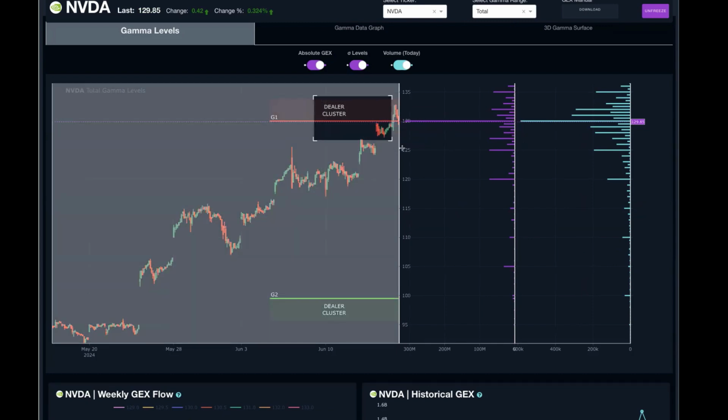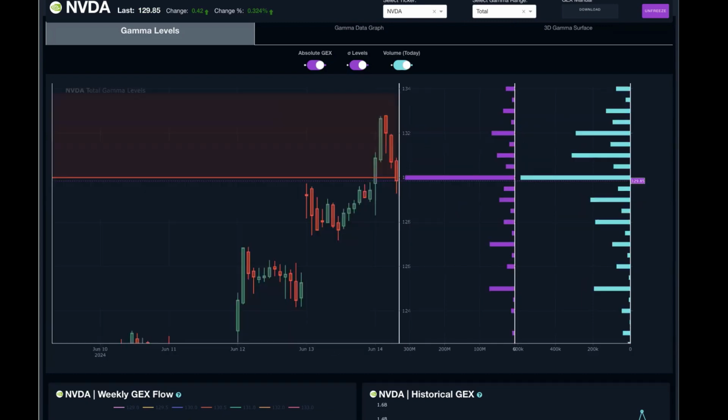But this is classic gamma exposure behavior in a positive gamma exposure environment. Price trades above the main gamma exposure concentration like we see here. Option dealers are then forced, in order to hedge their positions, to sell shares of NVIDIA to hedge their option contracts that they're holding in their portfolio. And what does that do? That forces the price back into that main gamma exposure concentration.